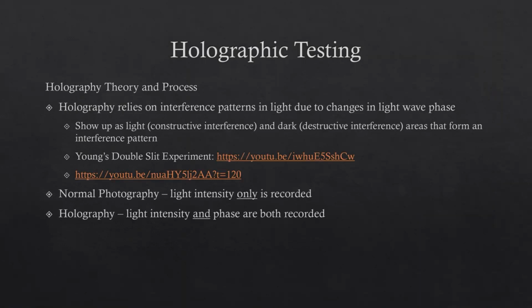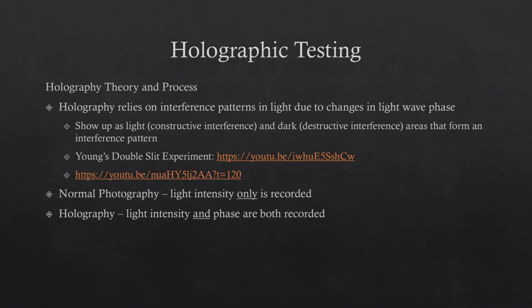So the theory behind it, and the theory behind a lot of both holography and then when we get to shearography, is that light waves, when they crash into each other, are going to experience interference.